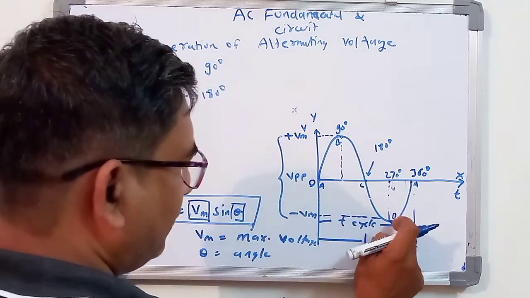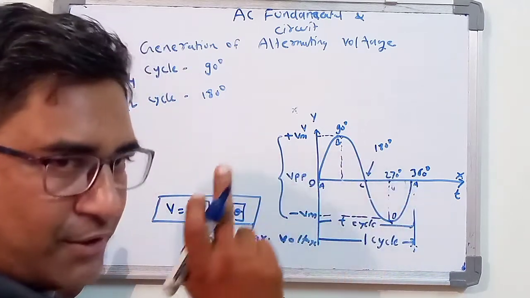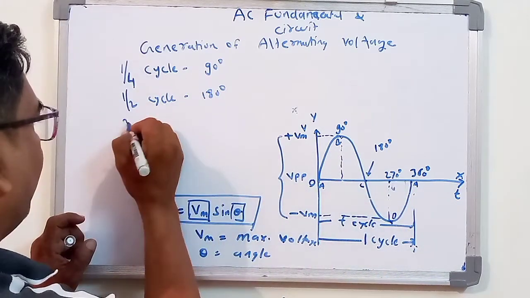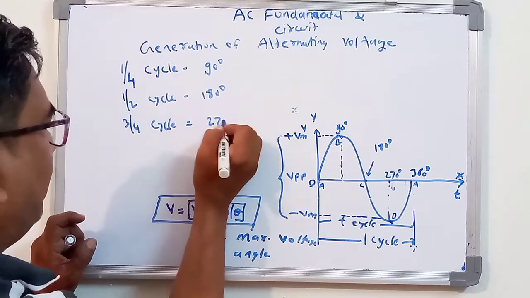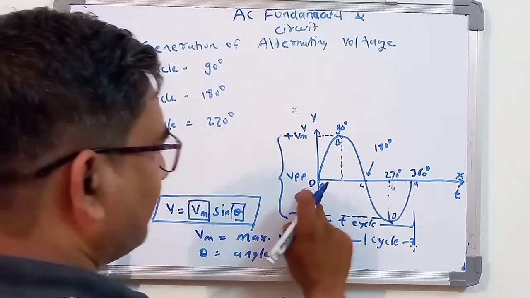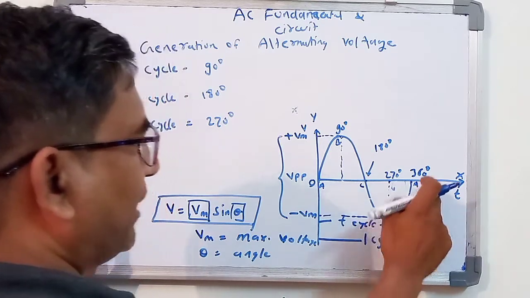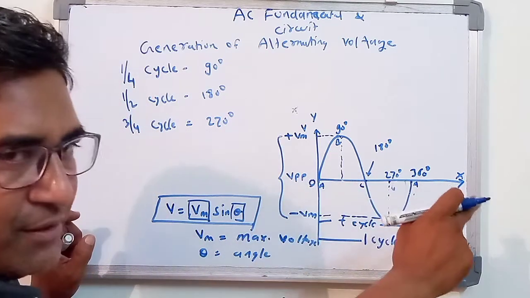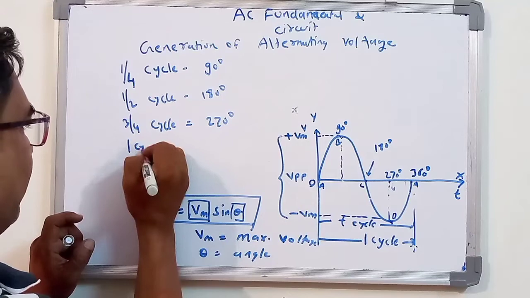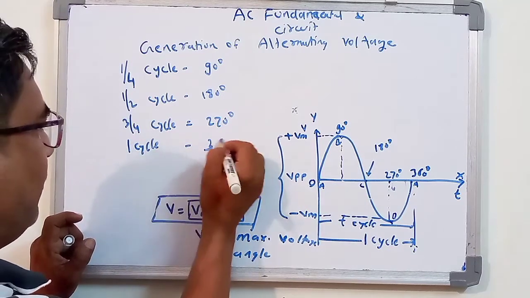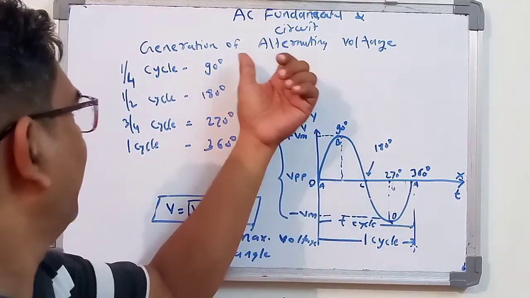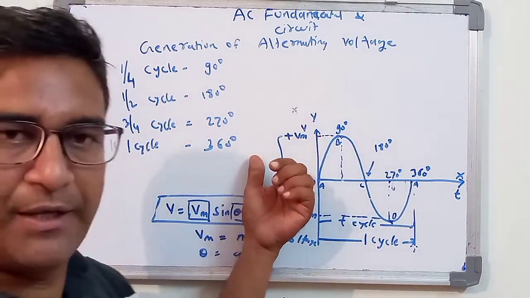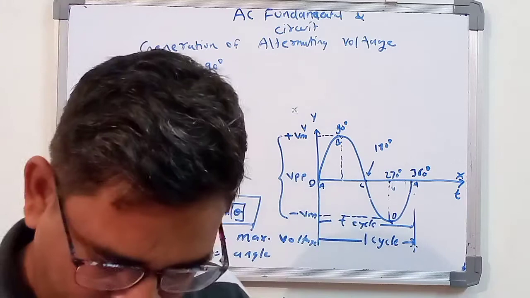From this 0 to this particular D, it is a 3/4 cycle, you are getting 270 degree. And from 0 to again A, you are getting one complete cycle. One cycle will give you the 360 degree value. So these are the different cycles, and you are getting the different angles.